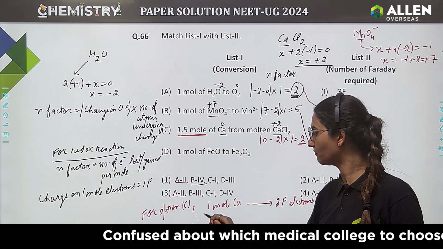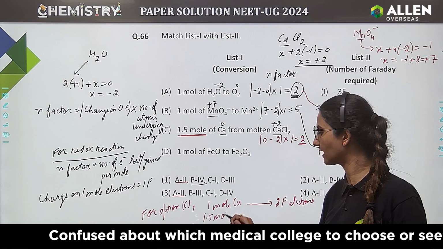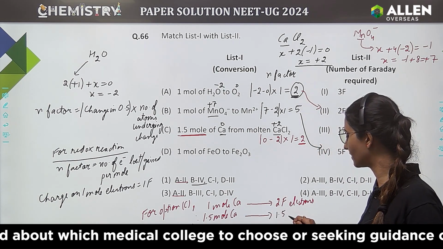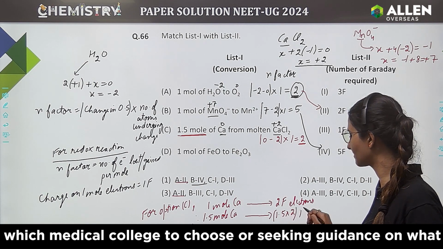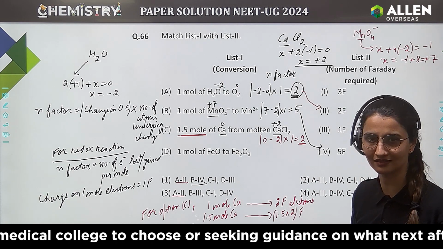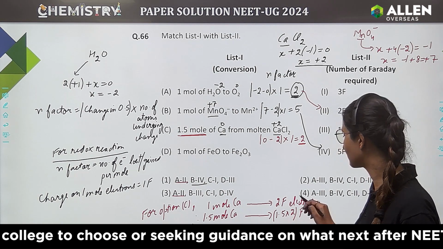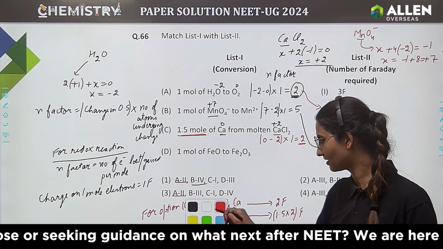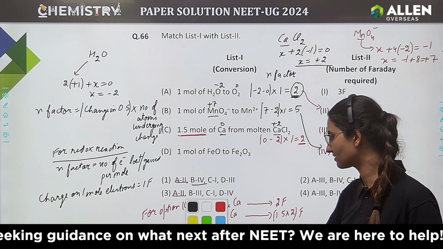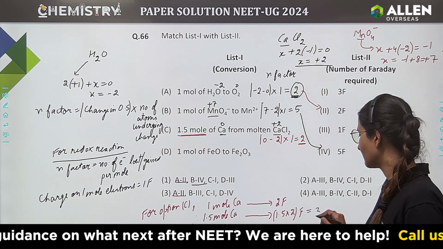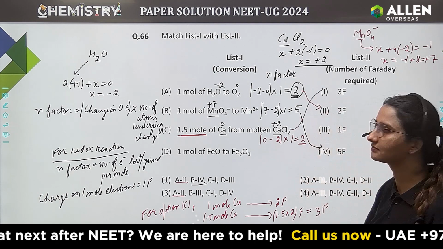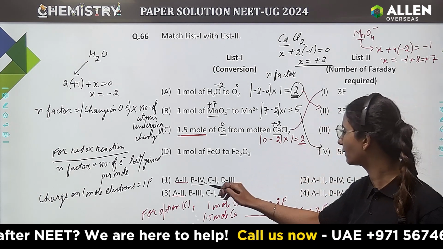So 1.5 mole calcium will need what? Simple, 1.5 into 2 Faraday. What is this number? It is 3 Faraday. Where is it? It is here. So C, it is 1.